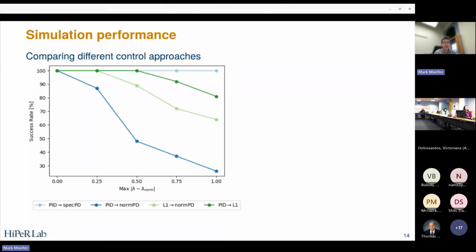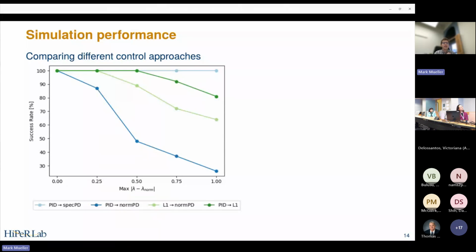This graph now compares if I do L1 adaptive control. So the 2 green lines are different implementations of L1 adaptive control. L1 adaptive control is a fairly recent way of doing adaptive control that has found quite a bit of success in flight control. You can think of it as a very high gain adaptation law.